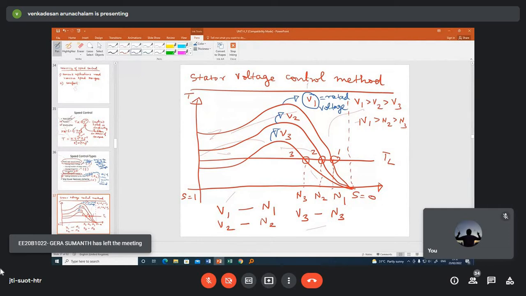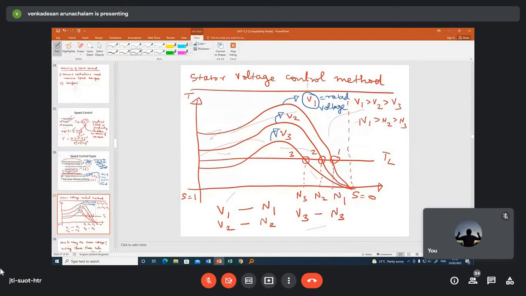We cannot draw the torque slip characteristic with a voltage more than the rated one, because we will get an insulation problem. So we draw it for rated voltage, and we can operate the machine only at reduced voltage.